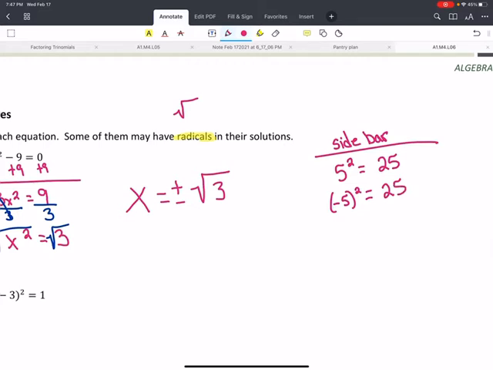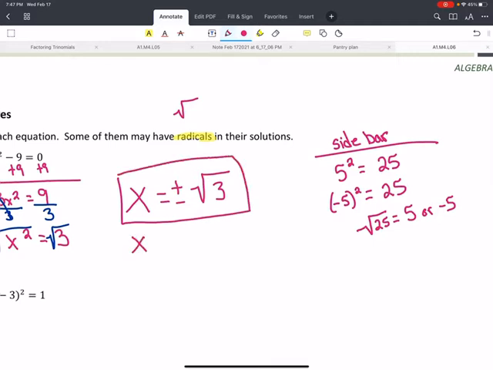So that means if I work backwards, the square root of 25 can be 5, or it can be negative 5. And so we can write that out as plus or minus. Or I can write it out as x equals 5 or x equals negative 5.